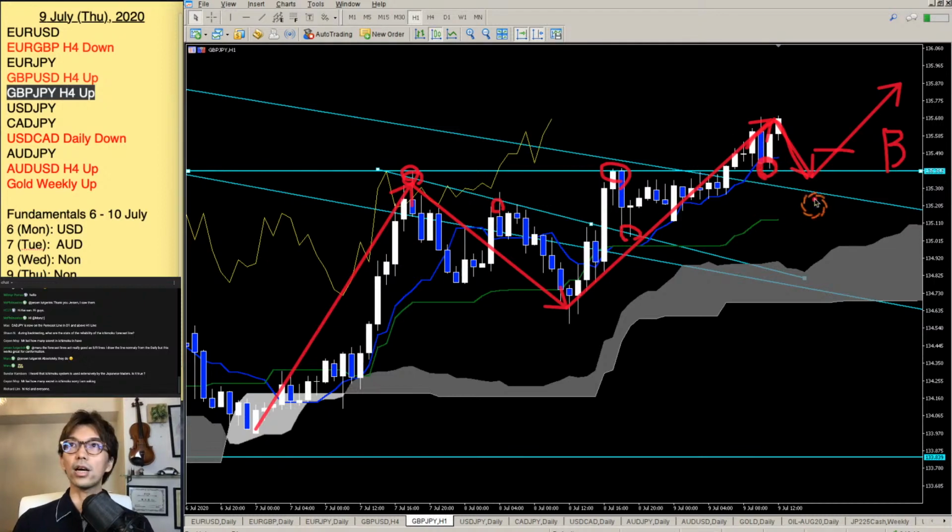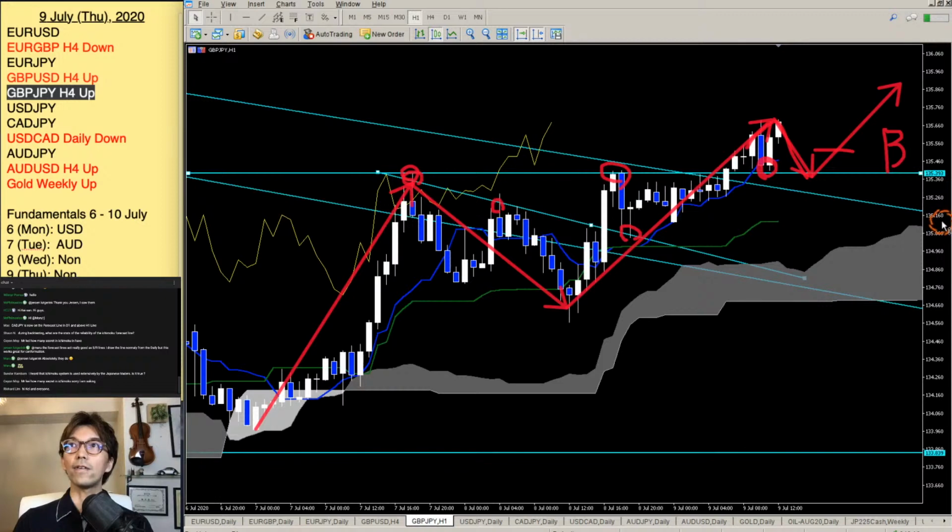So if the price is going to be supported on this line, at around the 135.39 price level, then we can expect the price will keep going up and renew the recent high upwards this way.